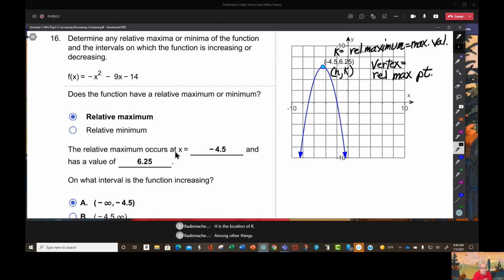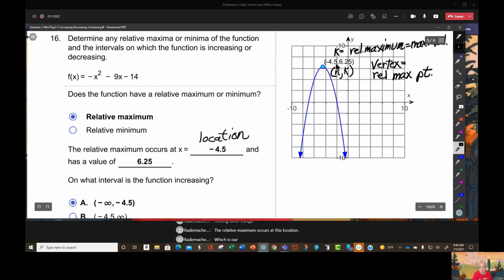The relative maximum occurs at this location, which is our H value, negative B over 2A, and has a value of.